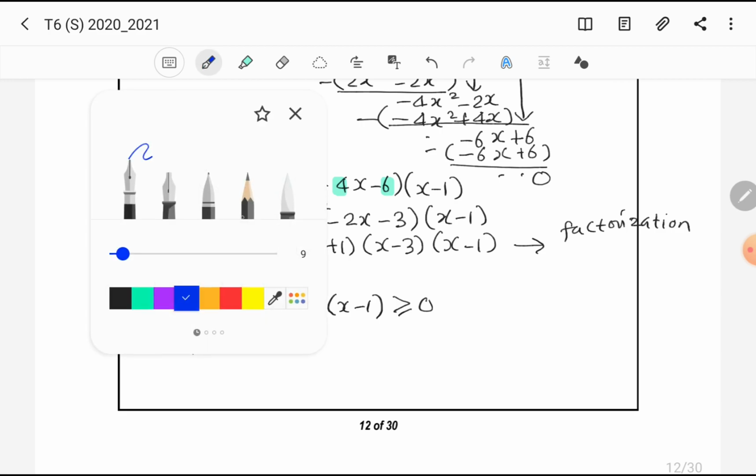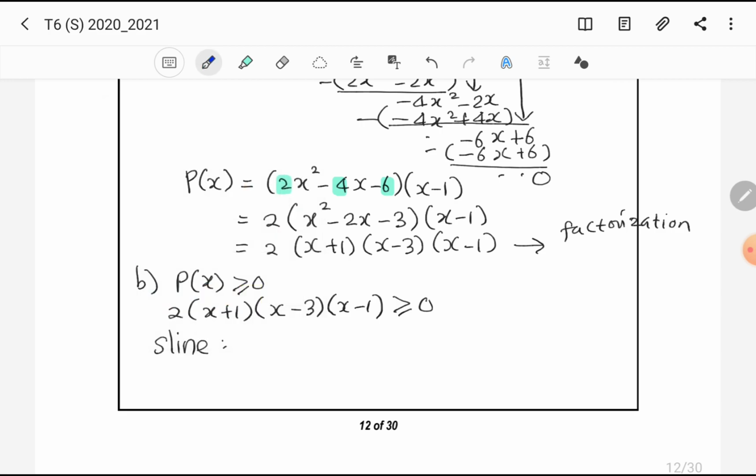Okay. So untuk sign line, okay, kita akan kira critical numbers kita ada. Okay, kita buat the line. Okay, critical numbers are negative 1. Lagi 1. Lagi 3. Okay, good.